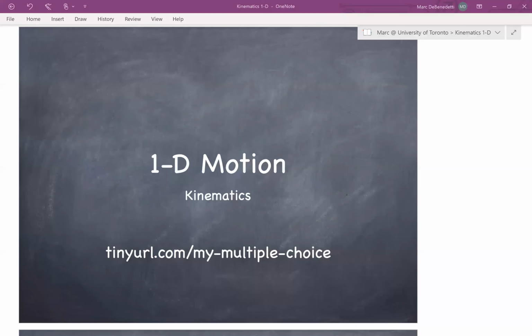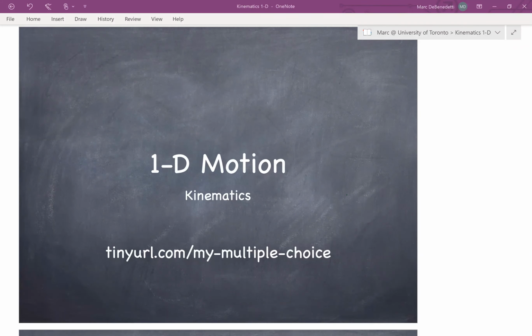So it does not study what gets the object moving. It does not study what causes motion. It says, assuming motion already exists by some other means, where is it going to go? That's what kinematics is. It's the study of trajectory.